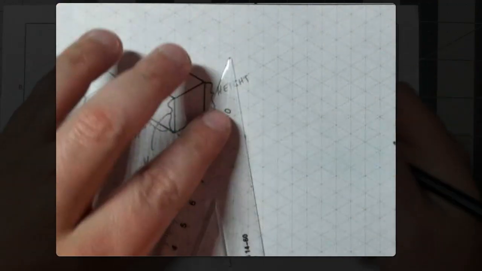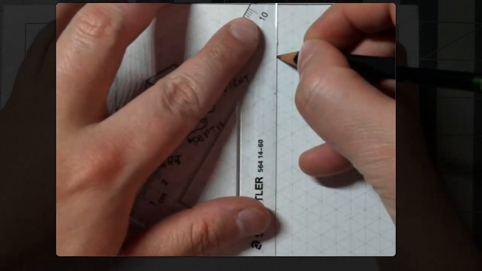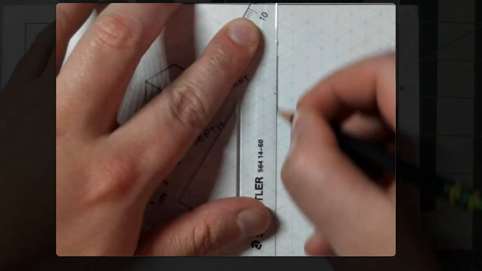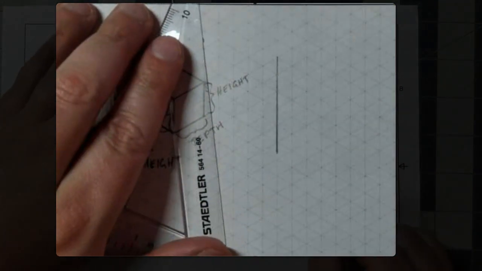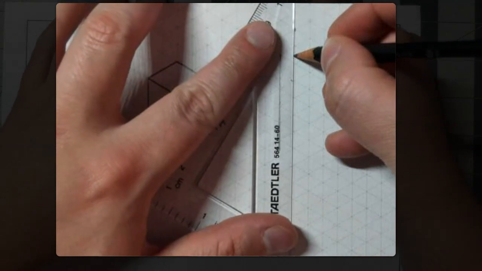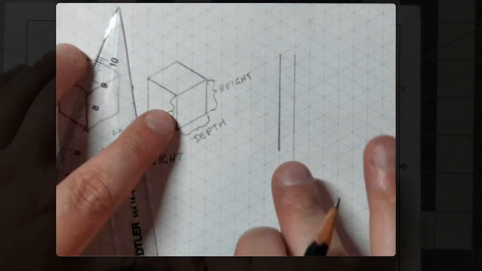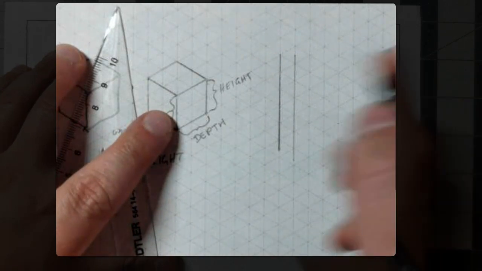So what I mean by that is I'm just going to draw an example line here. So a lot of pressure, you get a really dark, good object line. And then little pressure, you get a good line, but it should be barely visible.